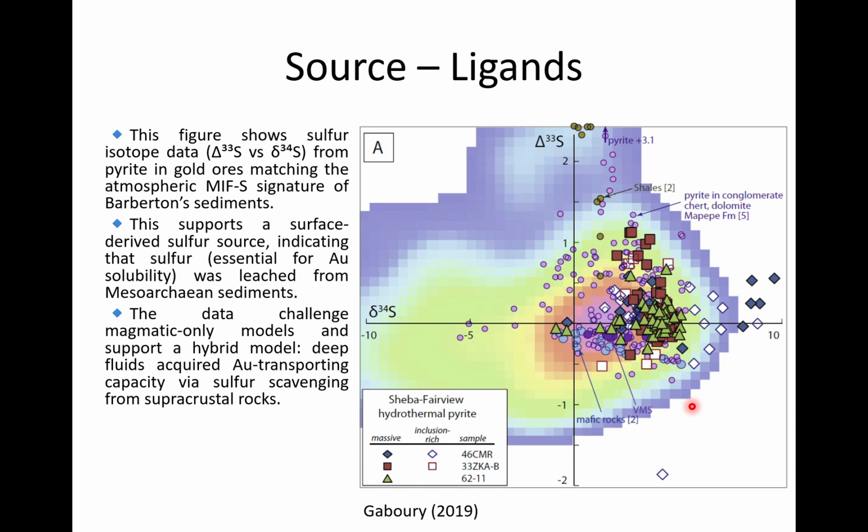So I can say that this figure argues against a purely magmatic or mantle source for gold, which would yield sulfur with delta 33 of 0, mass dependent only. Instead, it supports a crustal source model where deep hydrothermal fluids acquired gold and sulfur by interacting with the volcanic-sedimentary-volcanic successions.